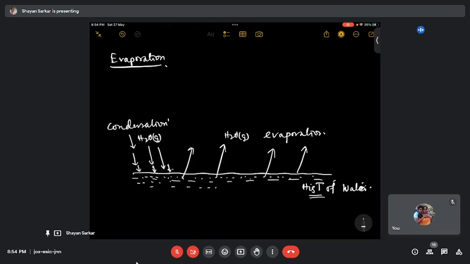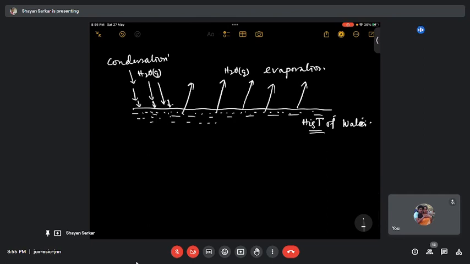Okay. When the escape rate of water vapor is equal to the rate of condensation, then the condition of the air is actually saturated. Okay, clear?